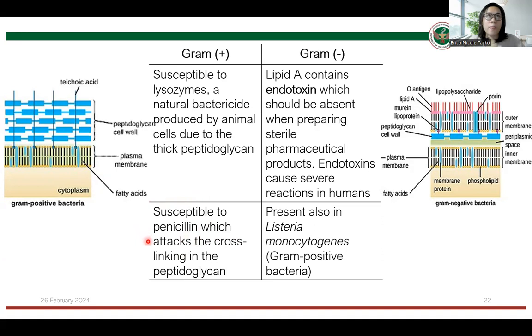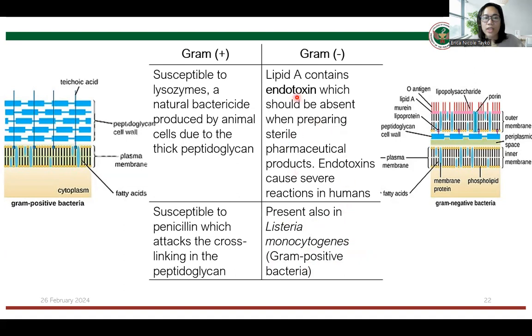Yan. So the penicillins na mga antibacterial agents, they would attack the cross-linking between the peptidoglycan cell wall, making your gram-positive bacteria now more susceptible to these penicillins. So, di ba, the thick peptidoglycan cell wall now did not really provide protection.